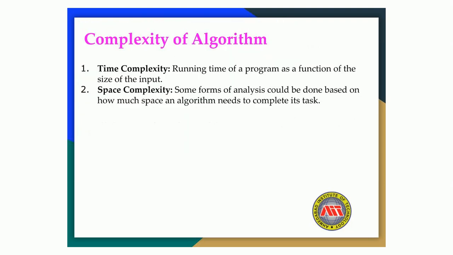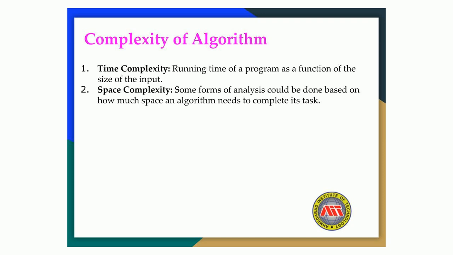Now, how to analyze the algorithm? So time complexity and space complexity are the main factors. Other factors are also available, like networking and CPU registers, which depend on your specific problem. But time complexity and space complexity are the main factors for analyzing an algorithm.